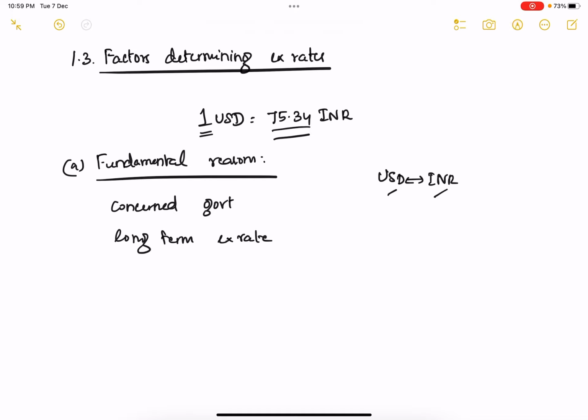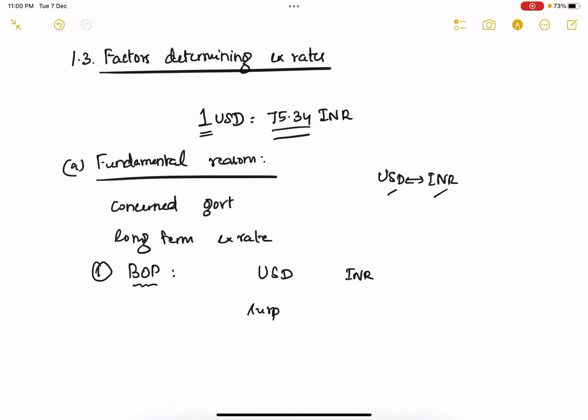So we'll quickly move into each one of the fundamental reasons. The first reason is balance of payment. So what is balance of payment? We know that USD is considered to be the strongest currency, whereas INR is considered to be one of the weakest currencies.